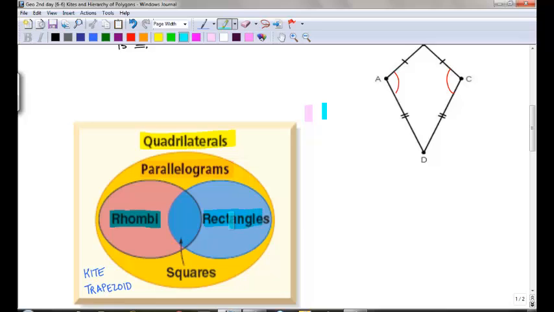And out here would be rectangles, and then the intersection would be squares. Then outside that ellipse, I need you to put kites and trapezoids. Kites and trapezoids are still quadrilaterals, but they won't fit into parallelograms.